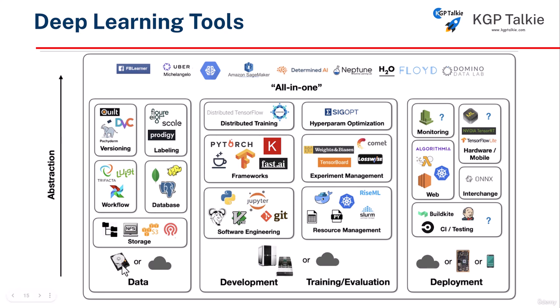For example, where the data storage happens, you can use databases which store your data, and once your data is stored there, you can use tools for development, training and evaluation. That means model development and training. You can use PyTorch, Keras, FastAI, TensorFlow. These are the frameworks here.